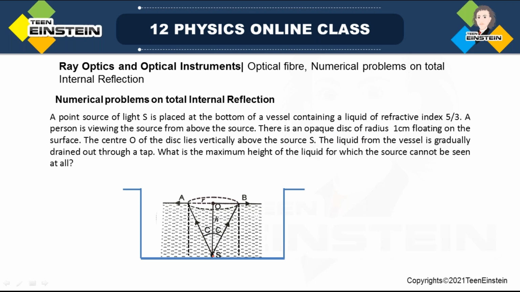When you have a source at the bottom, sometimes the fishes in the lake see light, but they cannot see light in between. Anyway, we'll discuss this. I think this is there in the NCERT textbook. You can just go through it.